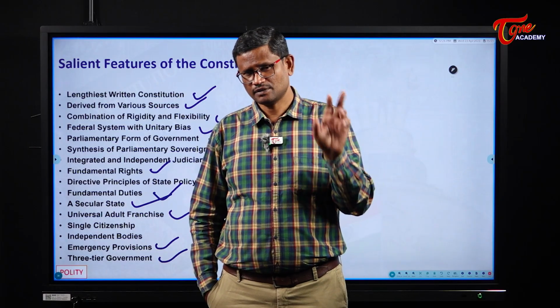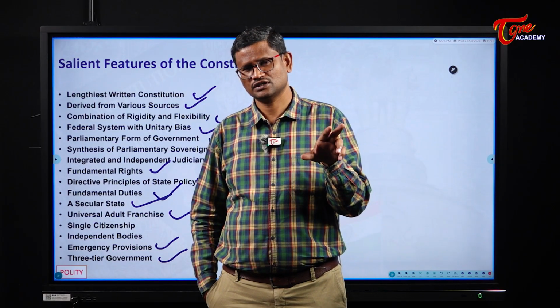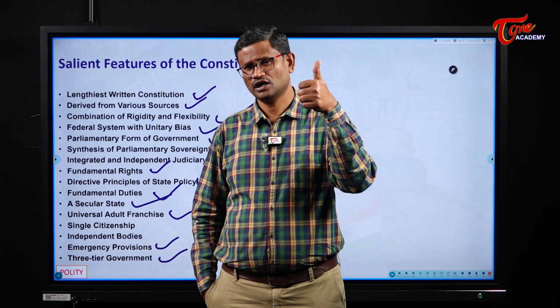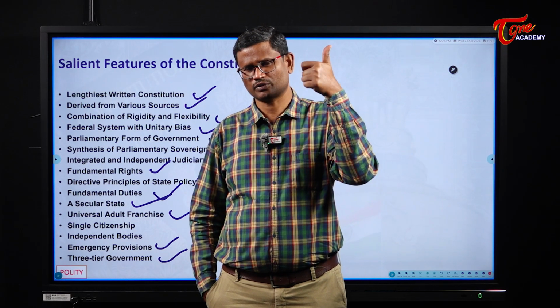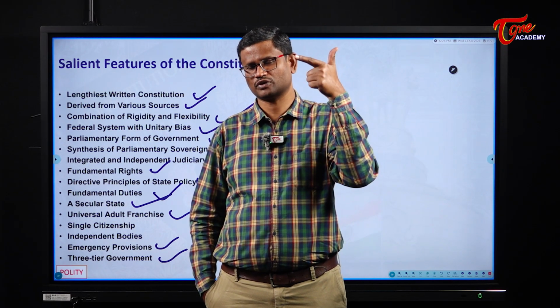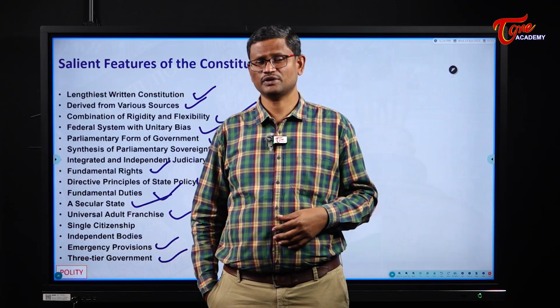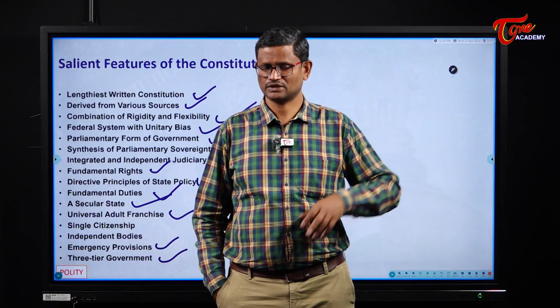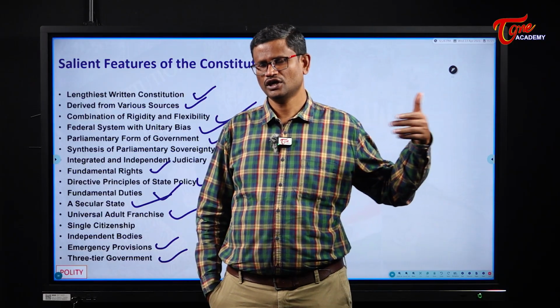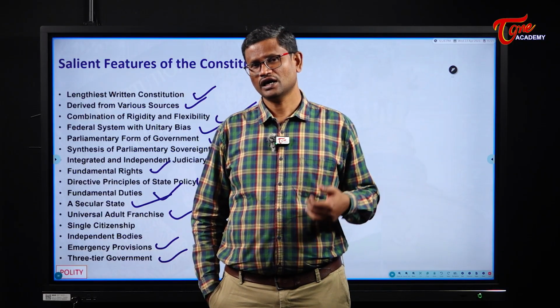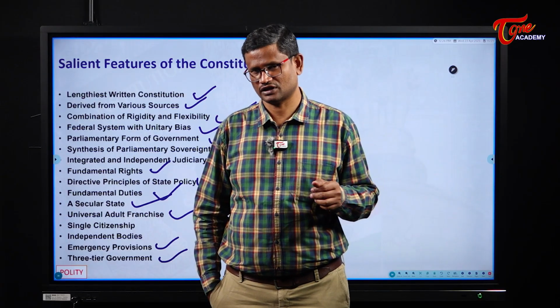And asymmetrical federalism is necessary to address the problems of minorities, backward groups, and backward regions. That's why the Constitution of India became an asymmetrical federalism. But unlike that, the United States of America is an example of symmetrical federalism.